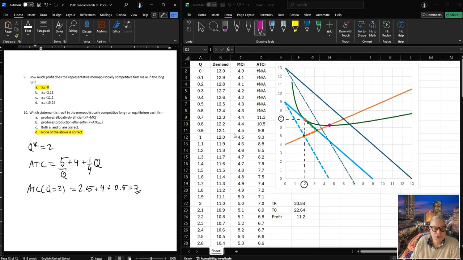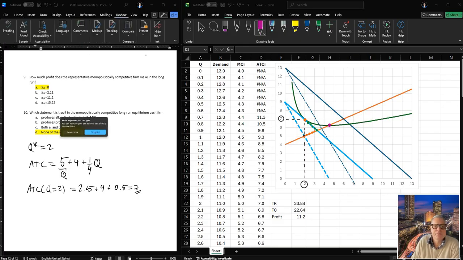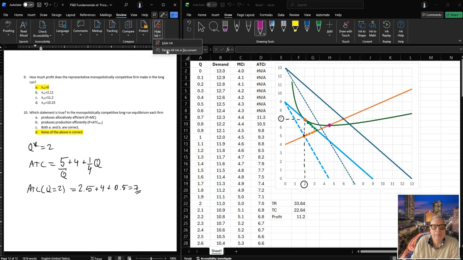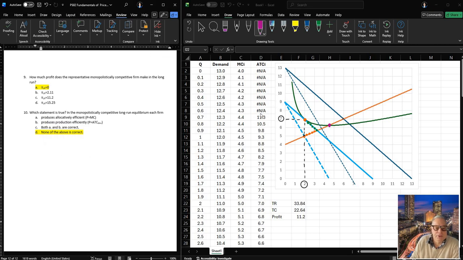And what we also know is the inverse residual demand function. So now we have to find the residual demand function, and we know this has to be P equals A minus BQ.